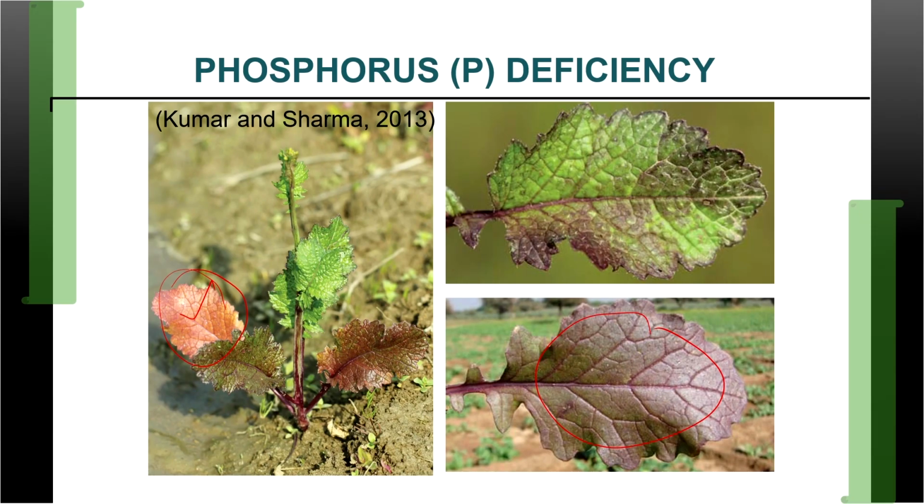Because phosphorus is very important, it plays a role in ADP and ATP, adenosine diphosphate and adenosine triphosphate. So energy bonds are there where phosphorus is mandatorily required for the synthesis of ADP, ATP, etc. And it also plays a very important role in root development, flowering and seed development.